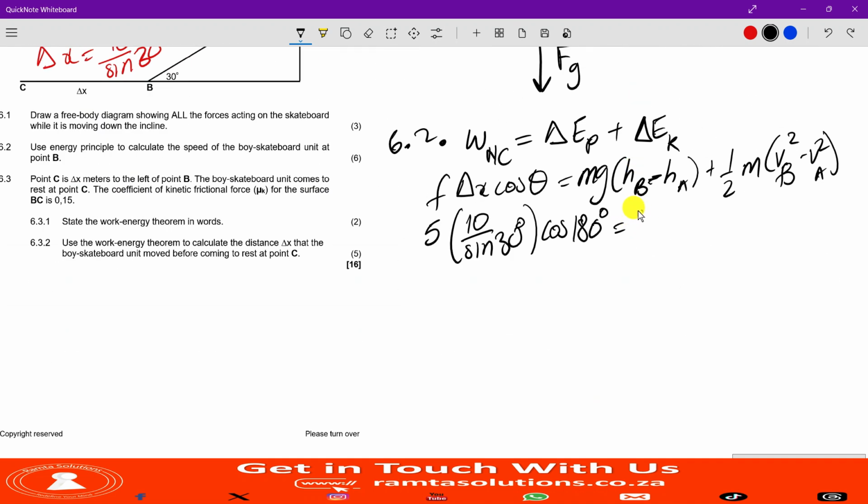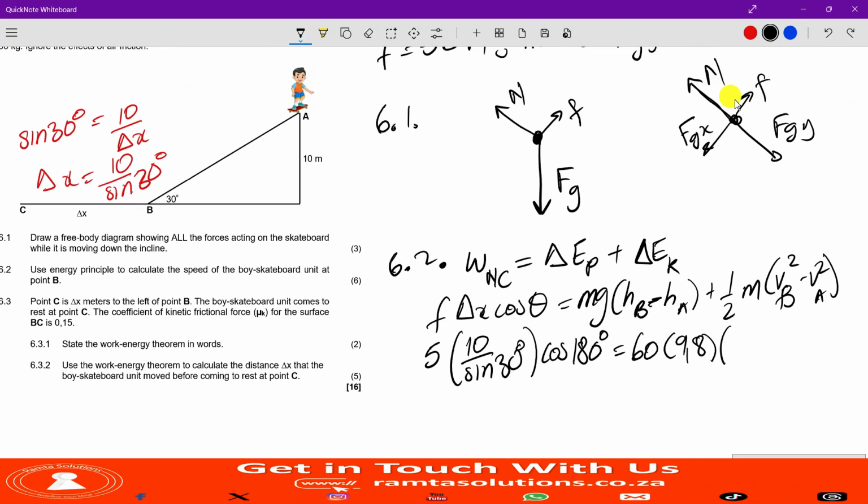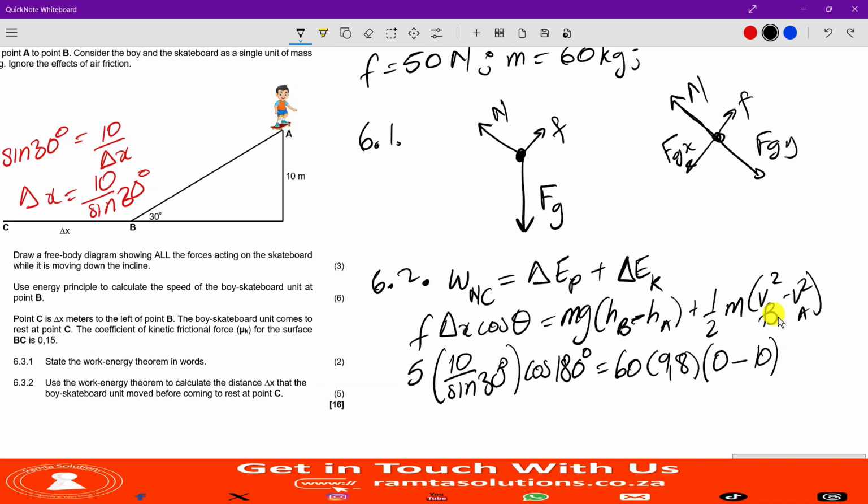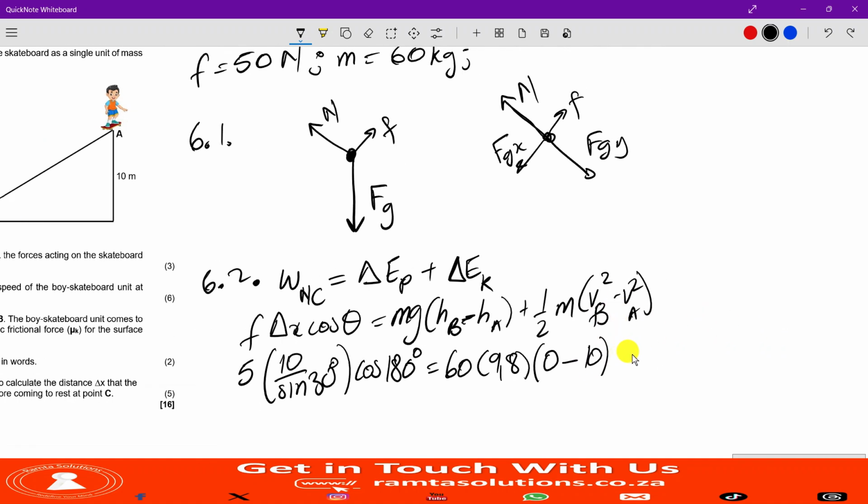So it is equal to 60 times 9.8, open bracket, the height at point B is 0, and the height at point A is 10 meters.